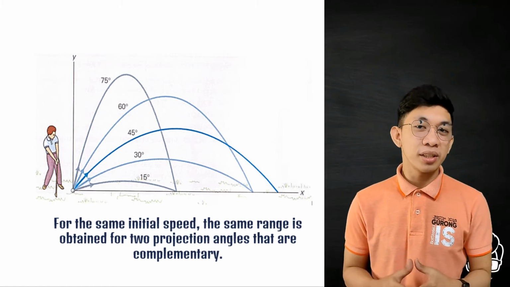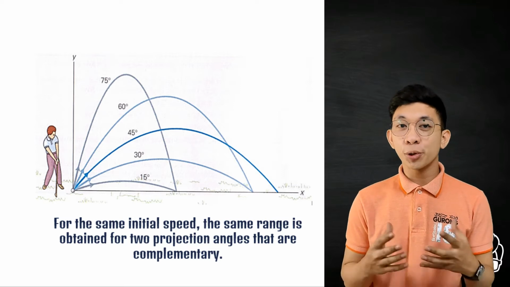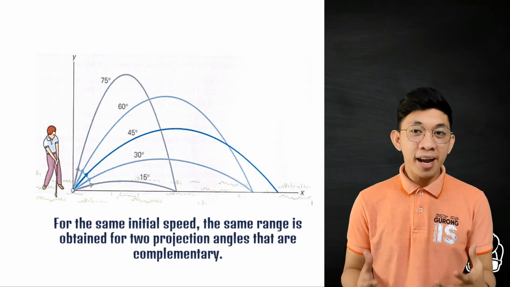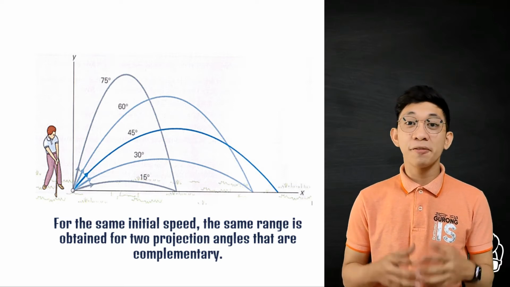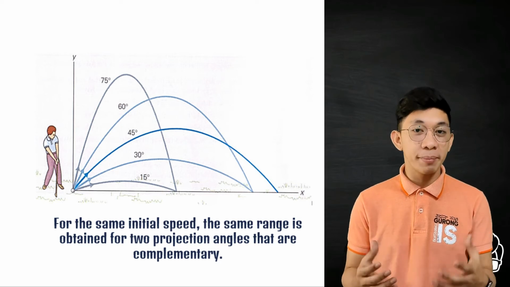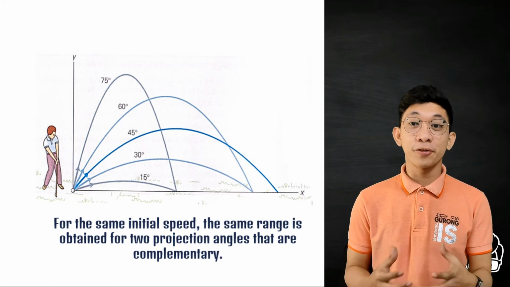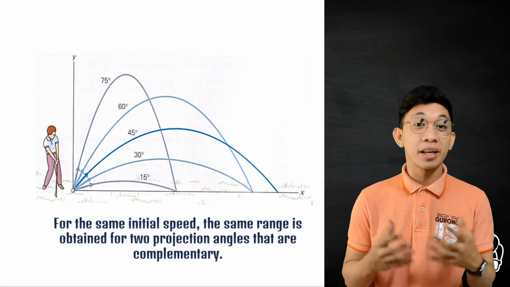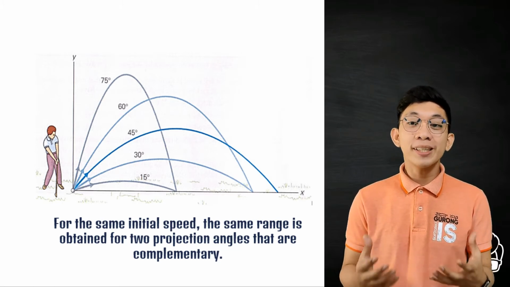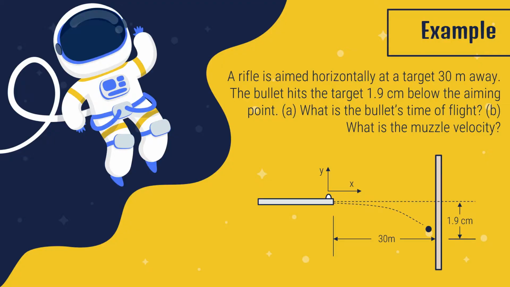It can also be shown that the same ranges are obtained for two identical projectiles fired at equal initial speeds if their angles of projection are complementary. For example, projectiles launched at angles of projection of 30 degrees and 60 degrees for a given initial velocity cover the same range.